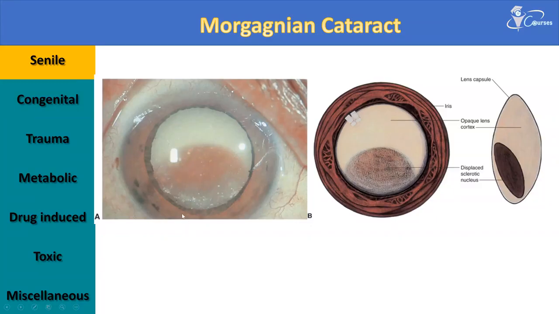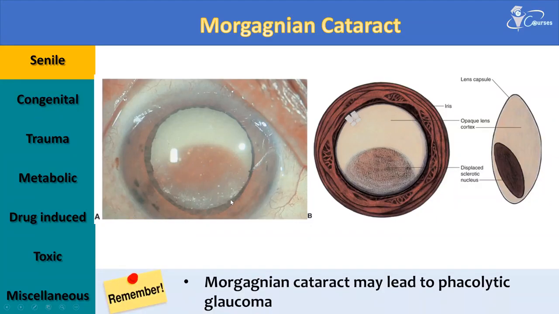Morgagnian cataract as well can lead to phacolytic glaucoma, as there can be diffusion of the lens proteins from the intact lens capsule. Okay, so these are the senile cataracts that we have.